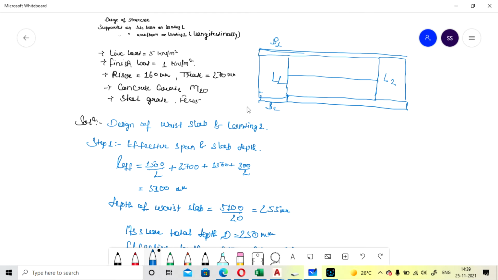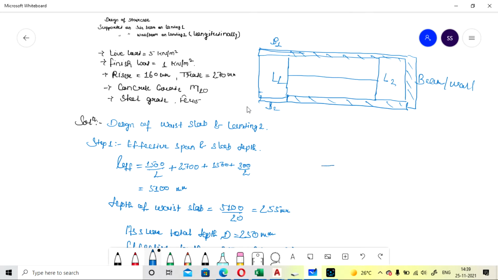Okay, so here it is wall on both the sides, and for mid landing it is supported on this wall or beam, whatever you want to say. Okay, if there is a wall, maybe a beam. So it is supported on this.